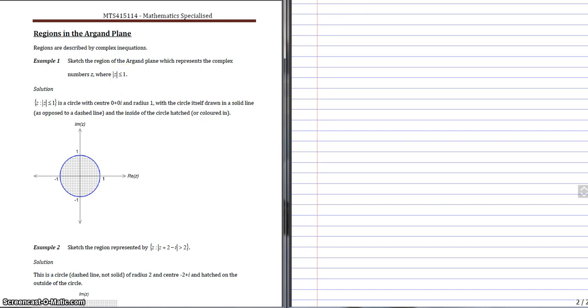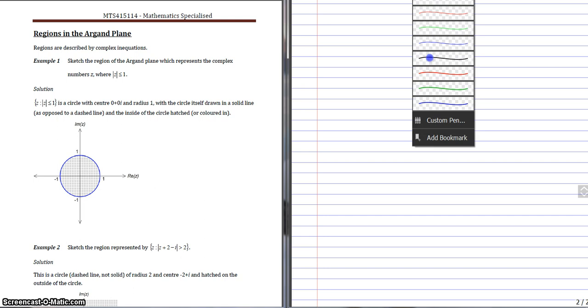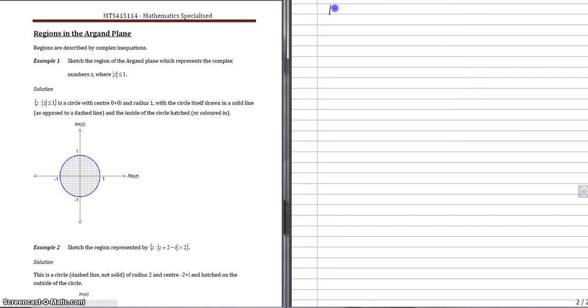Let's think for a moment what the modulus of z equals 1 means. If we are to sketch this, this is saying what is the locus of all the complex numbers that have a distance from the origin of 1 unit.